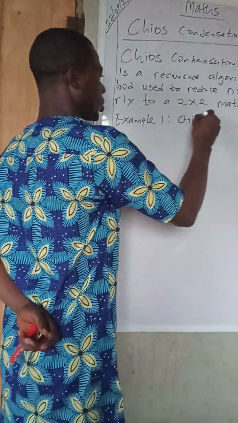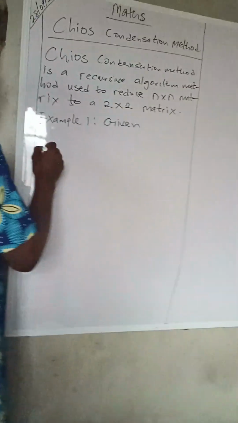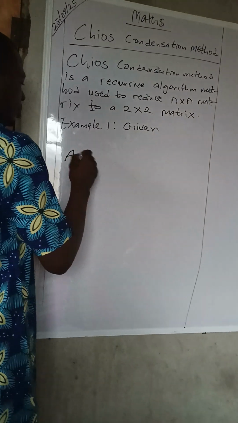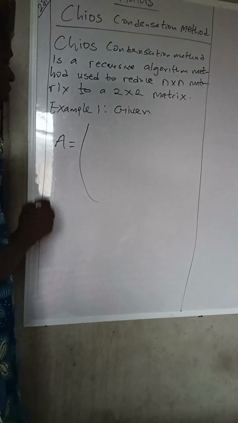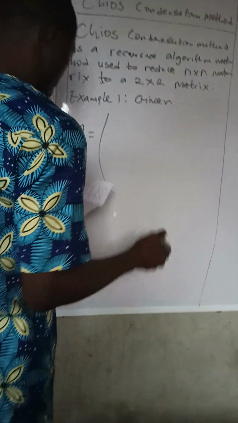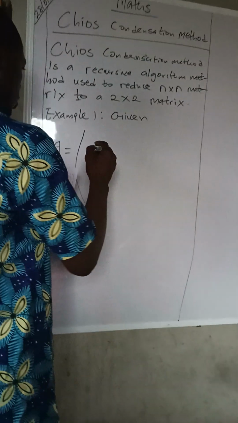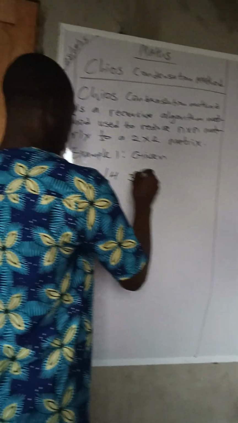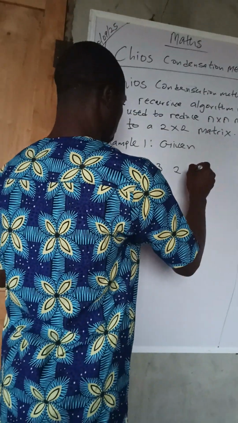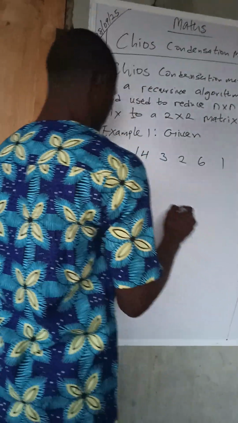Given A equals, A is the matrix. So we have a matrix 5 by 5. And your first row, you have 4, 3, 2, 6, 1.